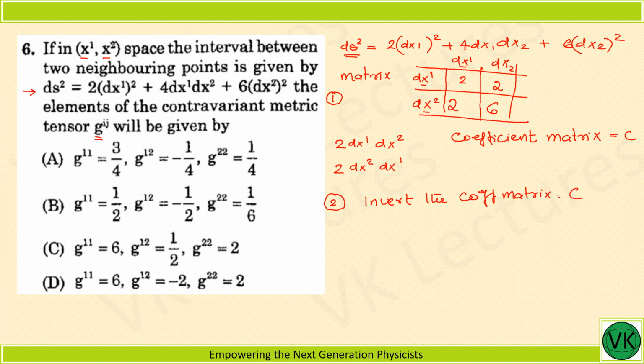That is nothing but 1 by the determinant of the coefficient matrix times the cofactor matrix of C, which is also called the adjugate matrix.